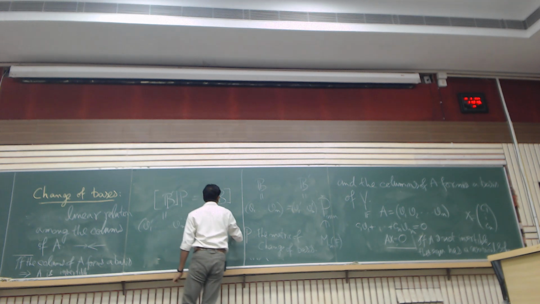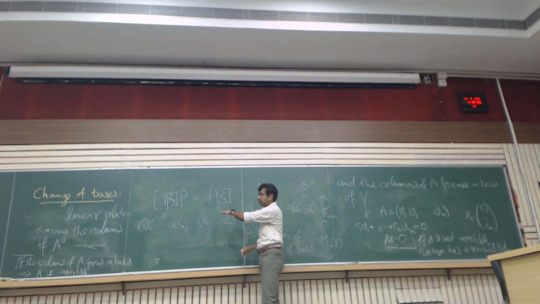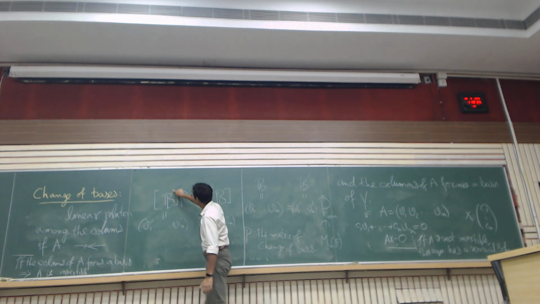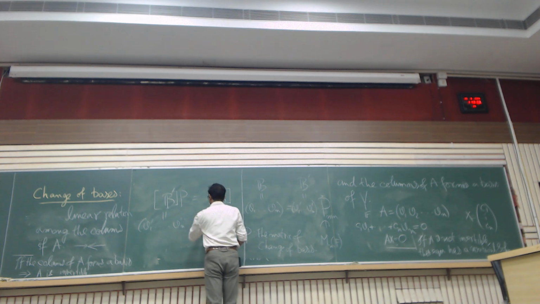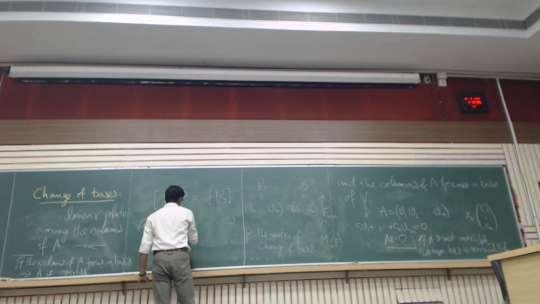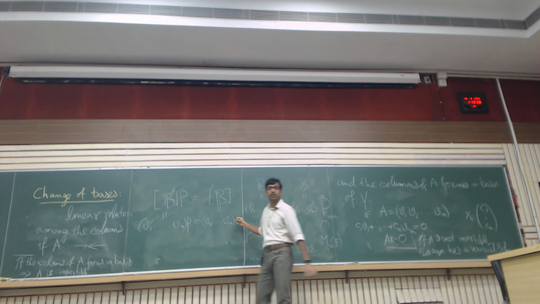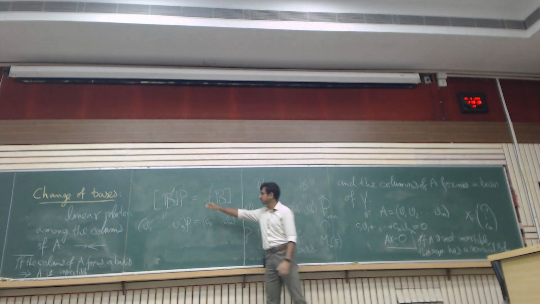If you are quite accustomed to the notation, you may sometimes omit this, but it will be understandable. The basis B is given by B dash times P. That is, you are writing the elements of B dash as a row vector, multiplying it with this matrix P, to obtain the elements of the older basis B. So this is the change of basis matrix.